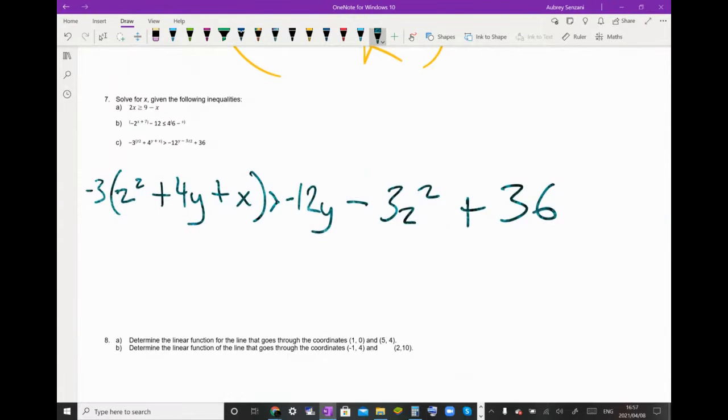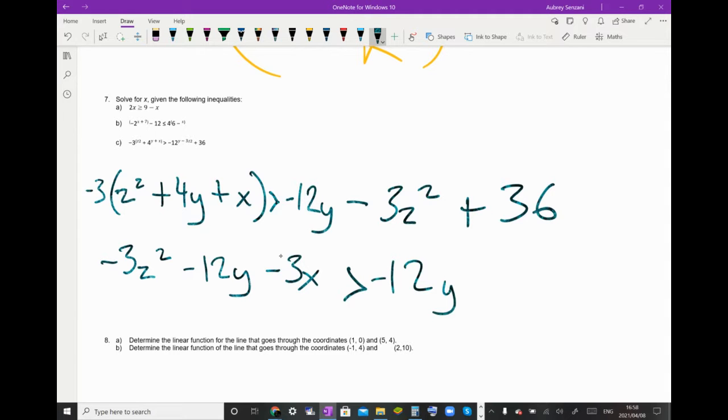Again, we want to remove brackets, so negative 3 times z, so that would be negative 3z to the power 2. Then that would be negative 12y. Then that would be negative 3x, okay, is greater than, okay, fortunately this is already expanded, 3z to the power 2 plus 36.